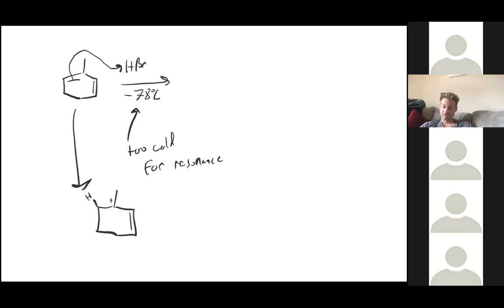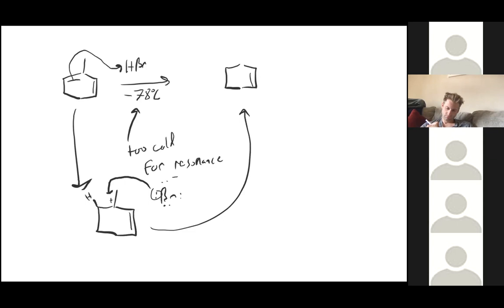At this point, again, too cold for resonance, so Br is just going to come in. Attack at our positive, and we're going to get what's called a 1,2 addition. So 1,2 because counting carbons 1, 2, 3, 4, we've added H and Br to carbons 1 and 2.